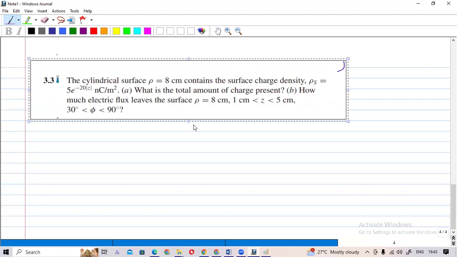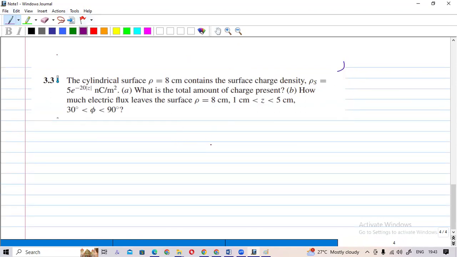So here the cylindrical coordinate system is used. You need to understand that one. So we have Z, Y, x-axis. So for the cylindrical surface, rho is the radius of the cylinder.